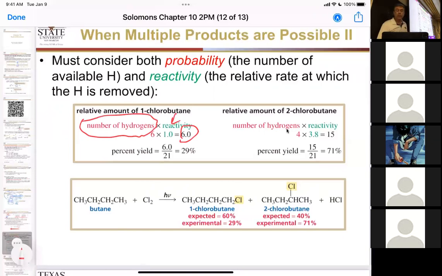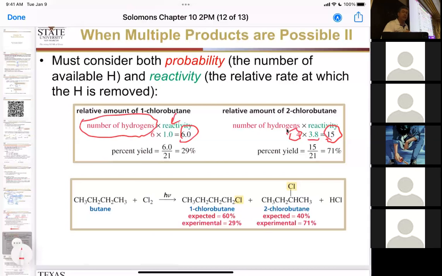Now let's look at the secondaries. We have 4 secondary hydrogens, but it's times 3.8, so it's 3.8 times faster. That means in that same 10 seconds, even though there were only 4 available, 15 of them reacted. Because it's faster, you got more of that product.